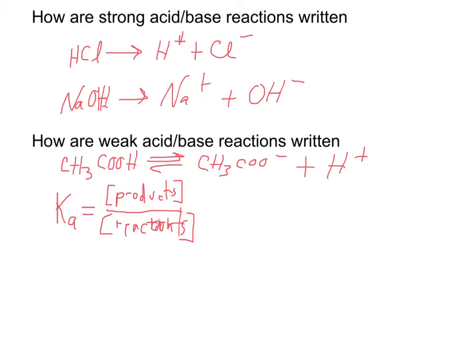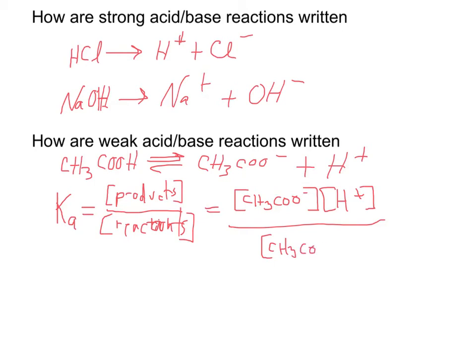Now, if you have more than one product, you need to multiply the products. If you have more than one reactant, you need to multiply them. So for acetic acid, we're going to have the concentration of acetate ion, CH3COO-, multiplied by the concentration of hydrogen ion, divided by the concentration of the undissociated CH3COOH.